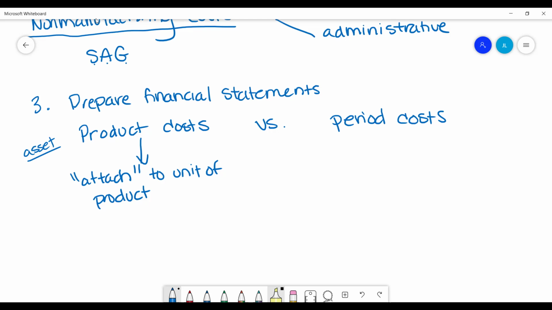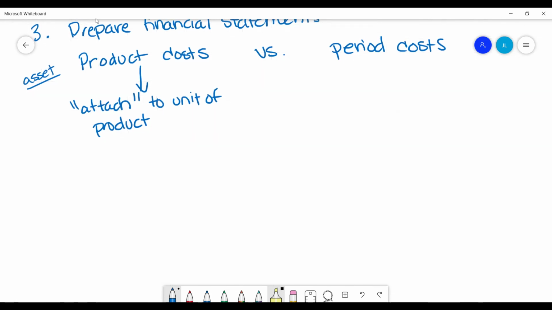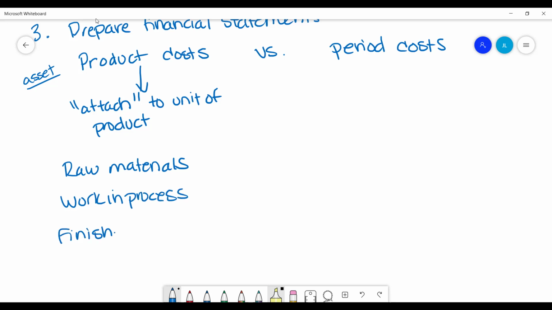Okay, so product costs are going to include three main categories: raw materials, work in process, and finished goods. All three of these are inventory accounts.